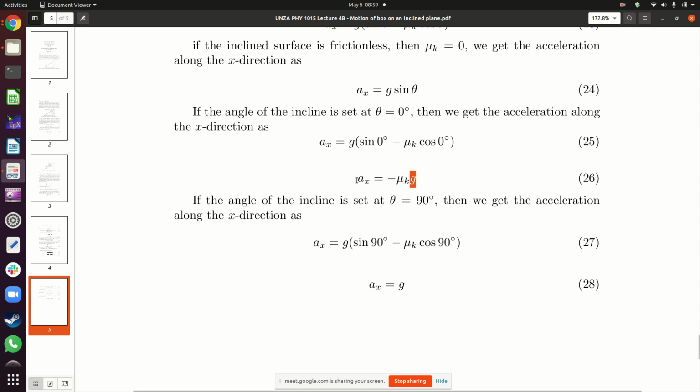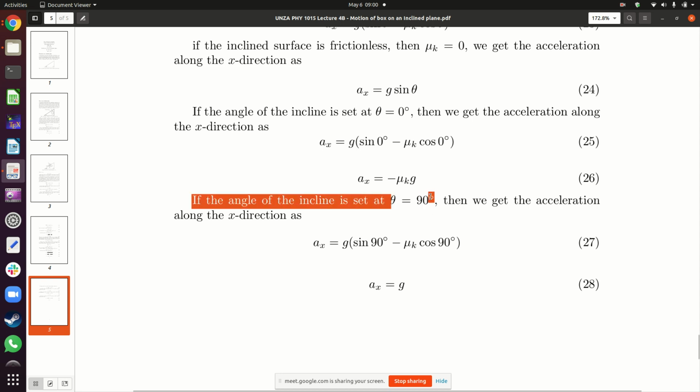So this is what the acceleration becomes if your incline turns out to be a flat surface. It is going to be equal to the coefficient of kinetic friction multiplied by g, and it's going to be negative.